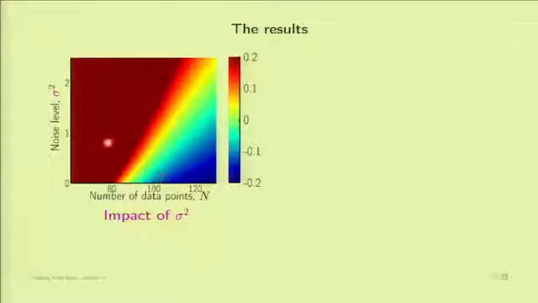Okay. You look at it, so there is a noise level. As I increase the noise level, overfitting worsens. Why is that? Because if I pick any number of examples, let's say 100, if I had 100 and I had that little noise, I am doing fine in terms of not overfitting. And as I go, I get into the red region, and then I get deeply into the red region. Okay? So this tells me indeed that overfitting worsens with sigma squared.